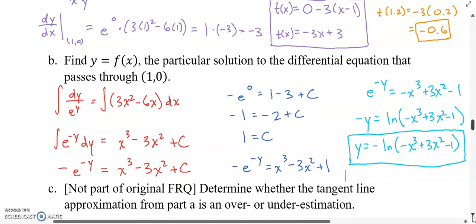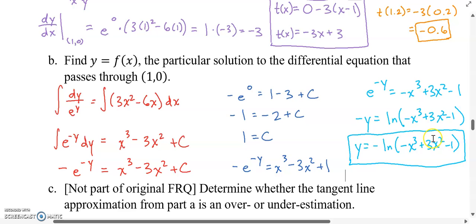And that's what I added here: determine whether the tangent line approximation from part A is an overestimate or an underestimate. Now, if we were allowed a calculator, then it would be a process of simply evaluating this expression with x equals 1.2. And that would be an easy thing to do with a calculator.